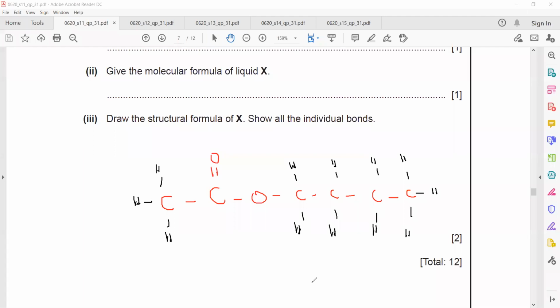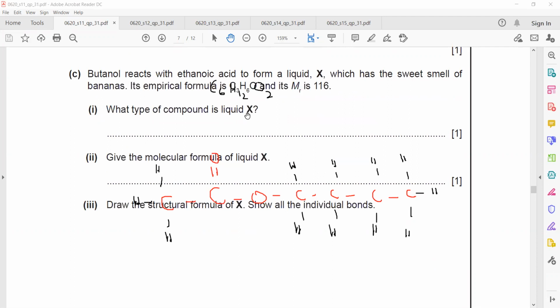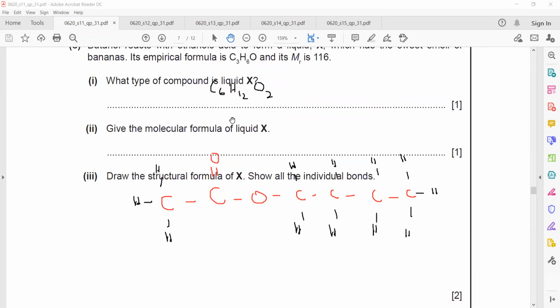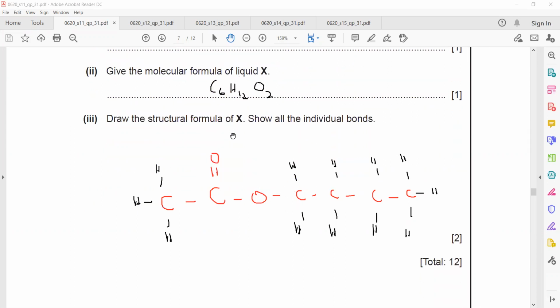From the structure you can count the number of carbon, hydrogen and oxygen atoms. 1, 2, 3, 4, 5, 6 carbon atoms are there. 12 hydrogens are there, and 2 oxygens are there. That's why the empirical formula is C3H6O when we divide.